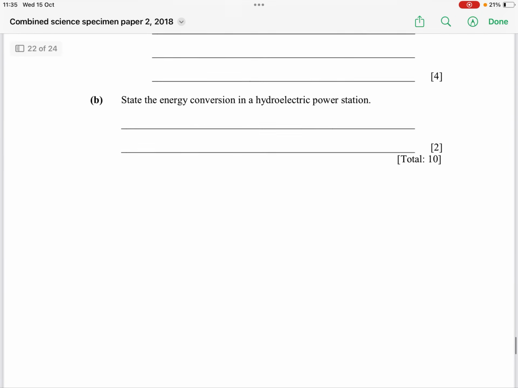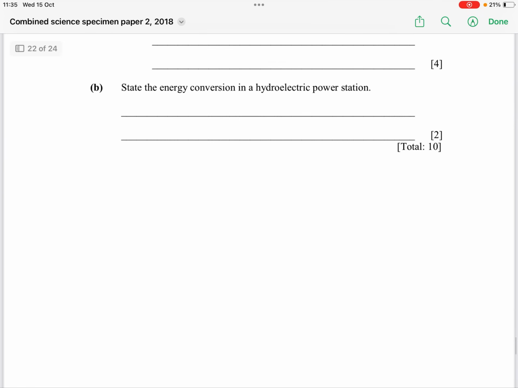We now need to proceed to part B. State the energy conversion in a hydroelectric power station. So the energy conversion is that hydroelectric power station converts the potential energy. So we start having the potential energy. So this potential energy stored in water reservoir is converted into the kinetic energy.